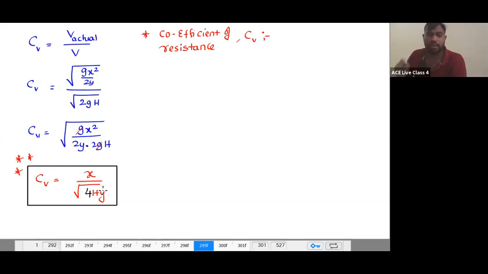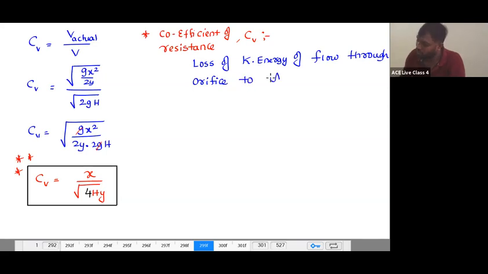Whatever the loss of kinetic energy during the flow through an orifice, so how much kinetic energy is going to be lost? The coefficient of resistance is the ratio of loss of kinetic energy of flow through orifice to actual kinetic energy.